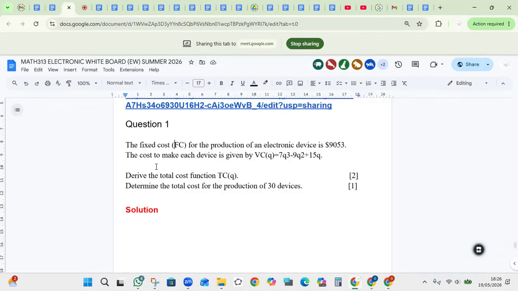Now, the cost to make each device is given by the variable cost, in the function of Q, VC of Q, is 7Q raised to the third power. Let me pause the recording to verify.